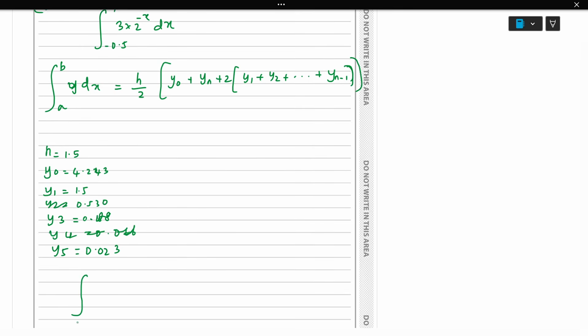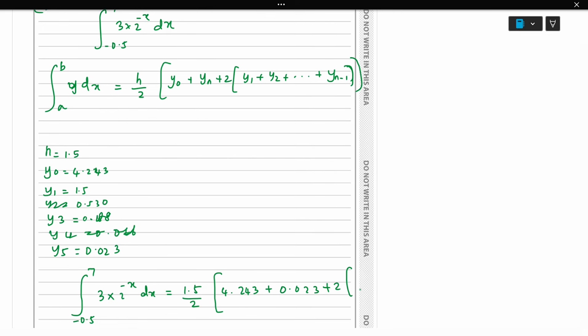Okay, so we'll substitute into the equation. The integral from minus 0.5 to 7 of 3 times 2 power minus x dx equal to h by 2, which is 1.5 over 2, times the bracket: y0, which is 4.243, plus yn, our last term, 0.023, plus 2 into all the between terms added up.